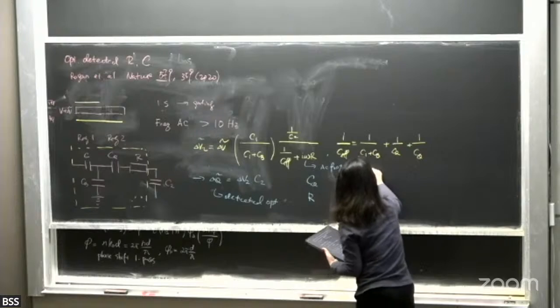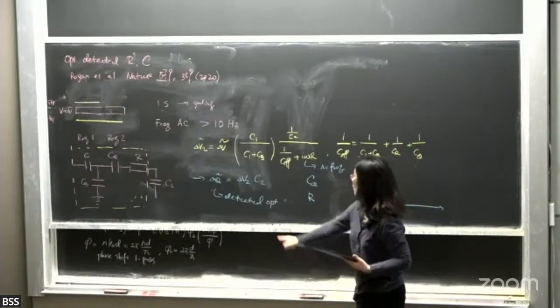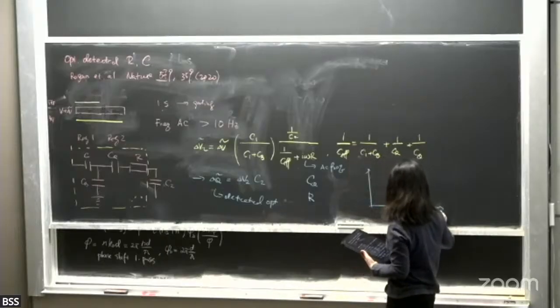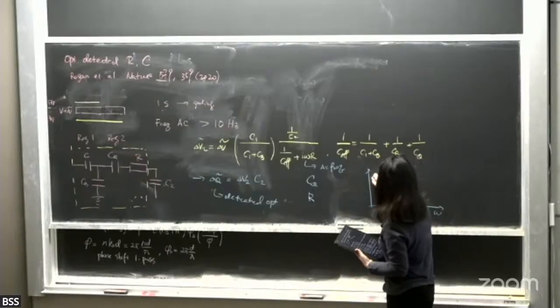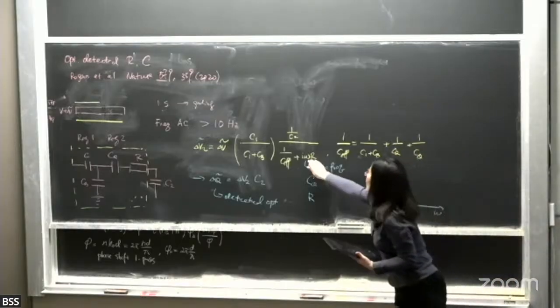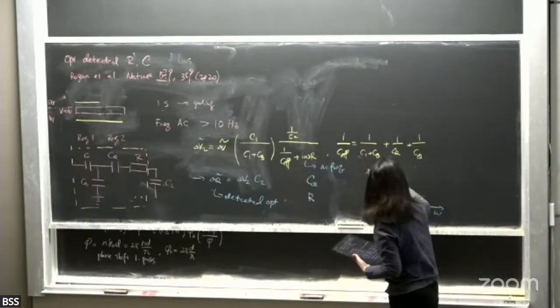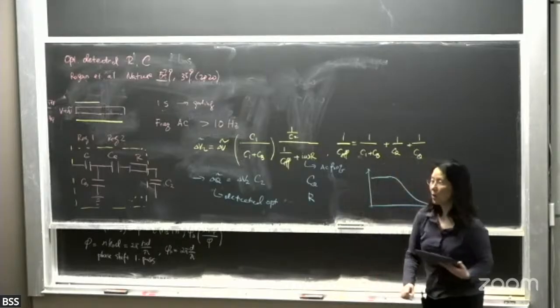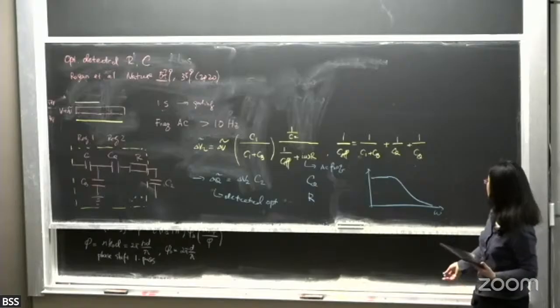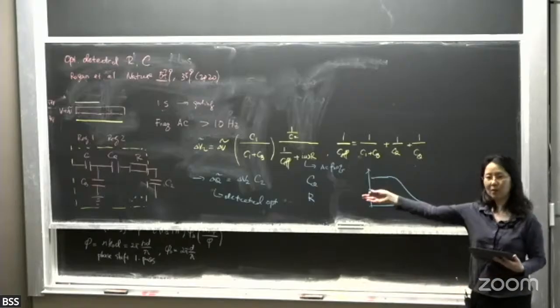So if I just look at the change as a function of frequency, initially it's somewhat flat, right? Because this term is smaller than that, and then it tapers off. So then you can do the measurement at different frequencies.